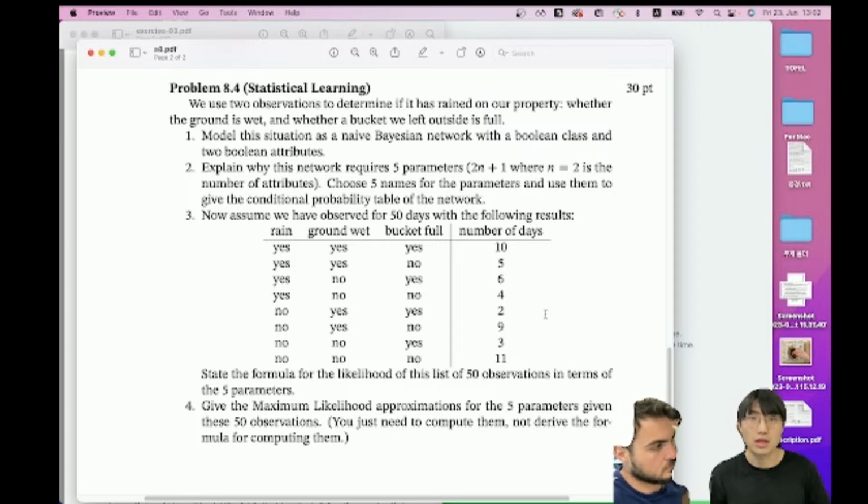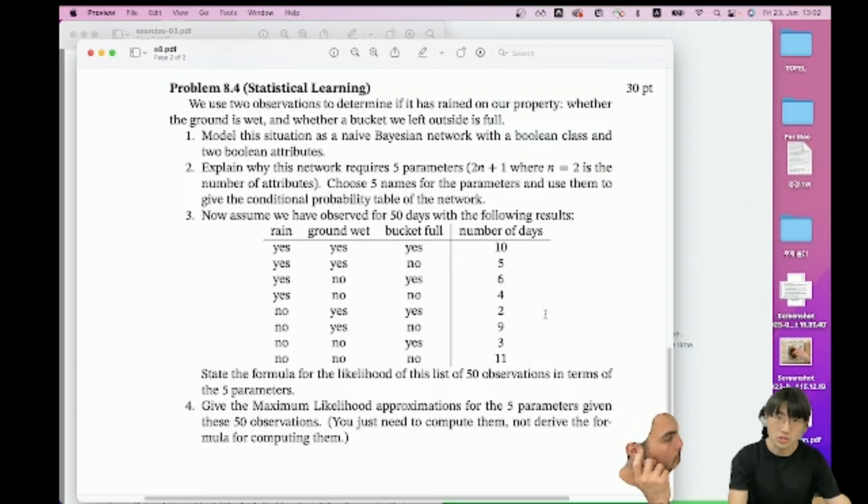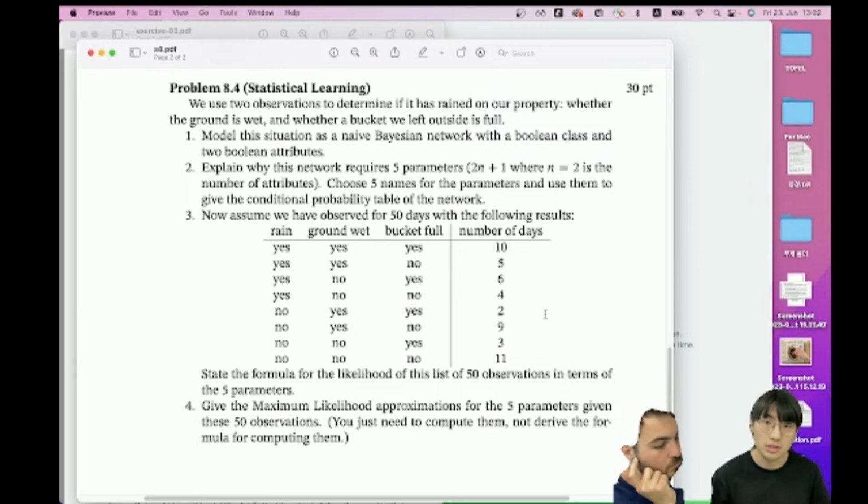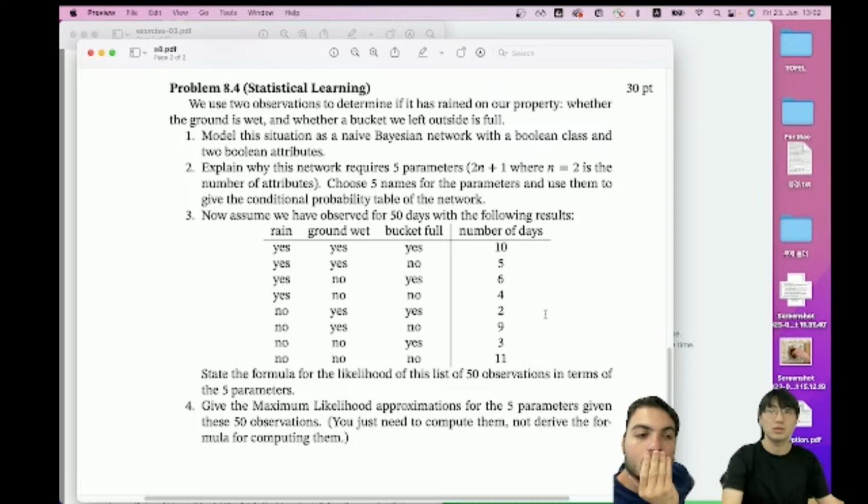But what is that likelihood in this situation? Likelihood of these observations. So here, rain, ground wet and bucket full. Two attributes.